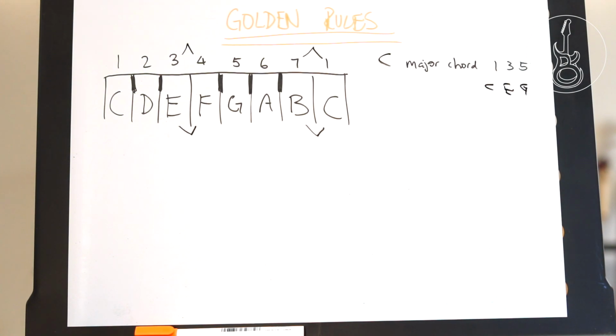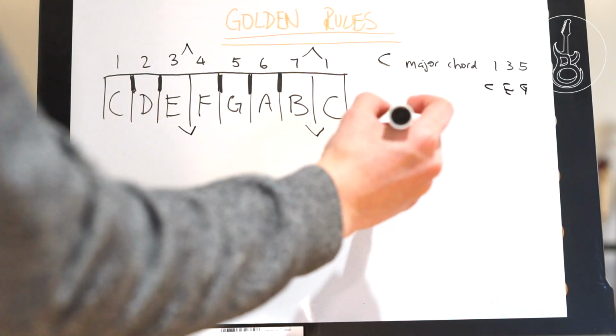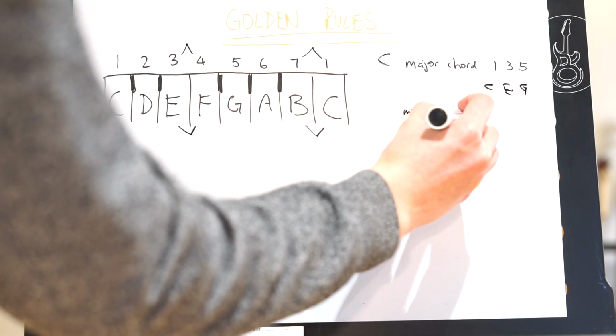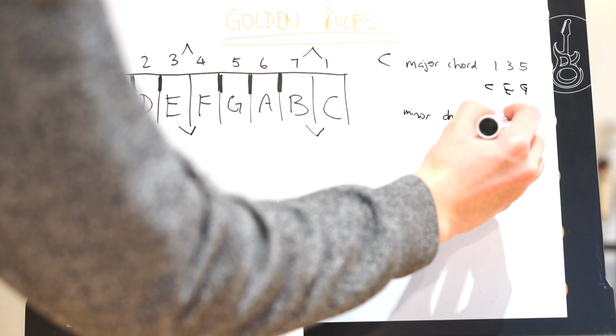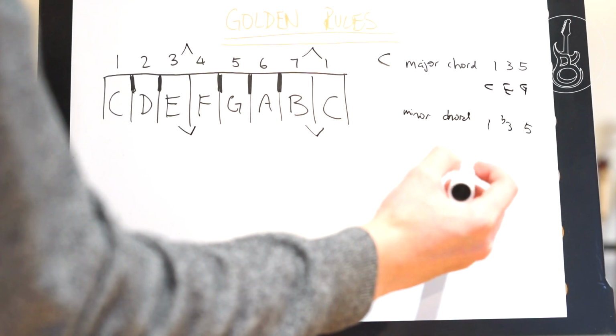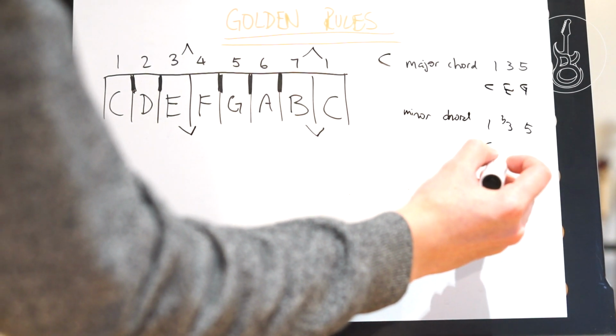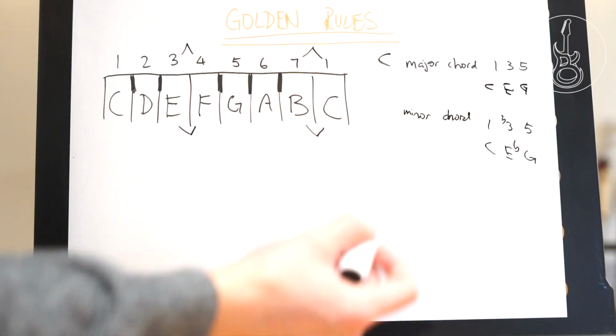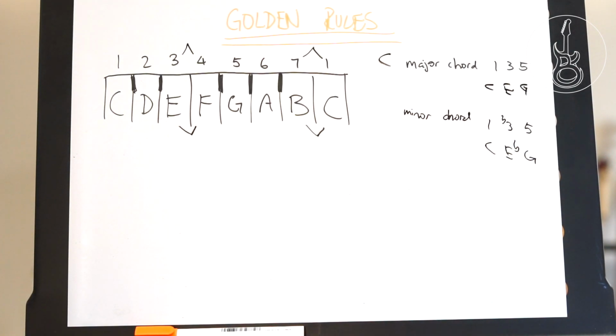And if I now tell you that the chord formula for a minor chord is 1, flat 3, and 5, you can then figure it out pretty easily because now you've got an E flat as your flat third.